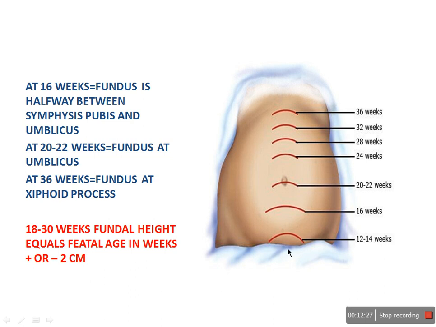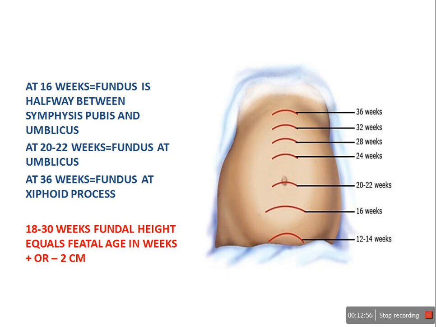Suppose when you measure in centimeters you get 24 centimeters, or sometimes 26 or 22, whatever it is. If it is 24 centimeters, you can say it is 24 weeks.